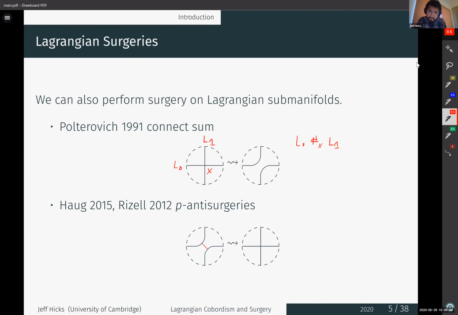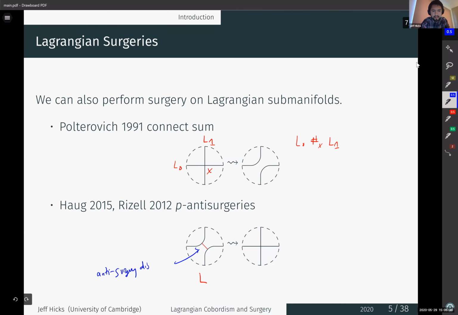Then in 2015, Louis Haug, based on some inspiration from work on Legendrian surgery, introduced a whole slew of operations called P antisurgeries. This takes as input some Lagrangian L, which has an anti-surgery disk.